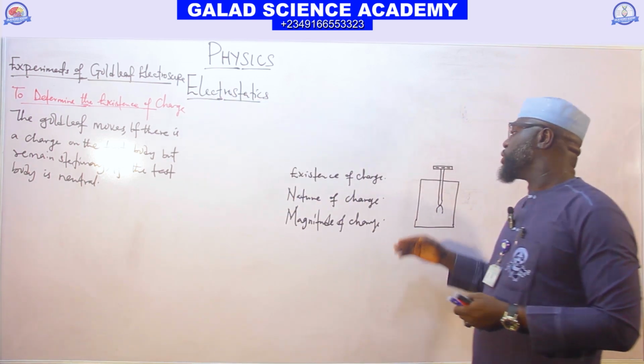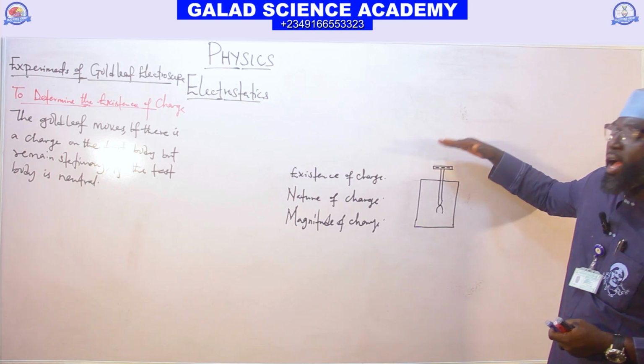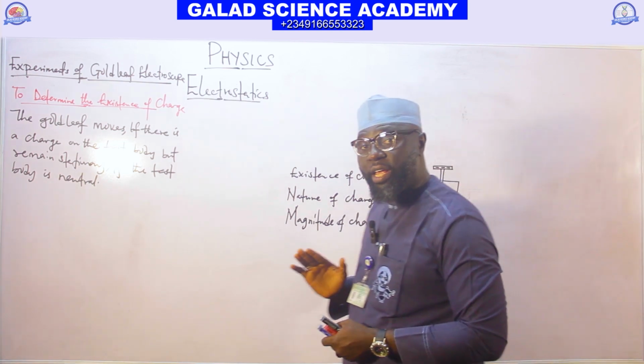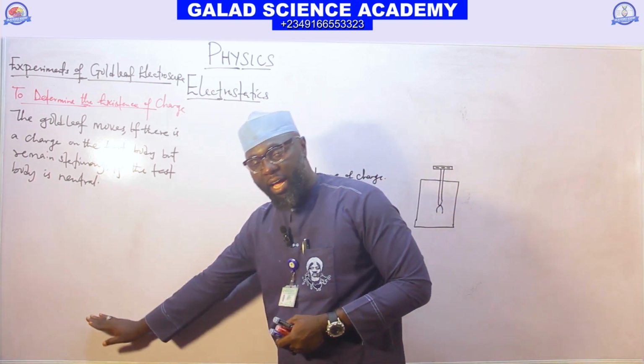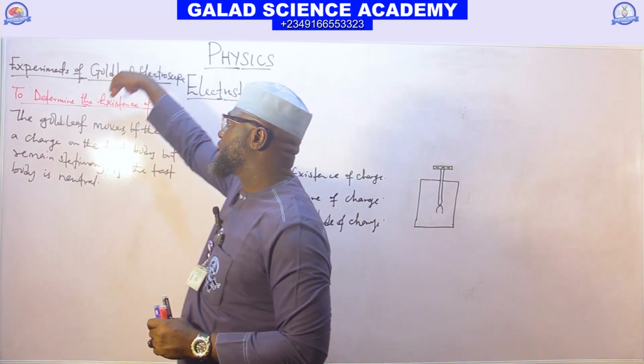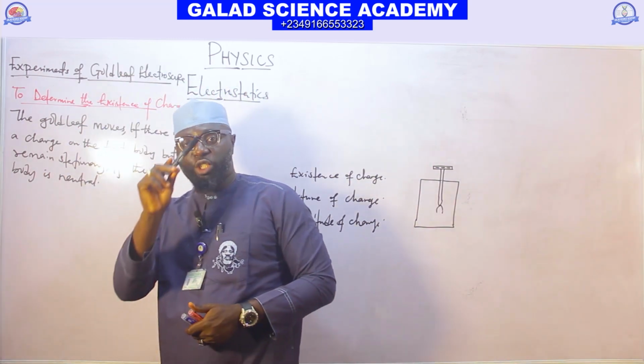When the test body is neutral, the leaf will remain stationary. That is how we can use the gold leaf to test for the existence of charge.